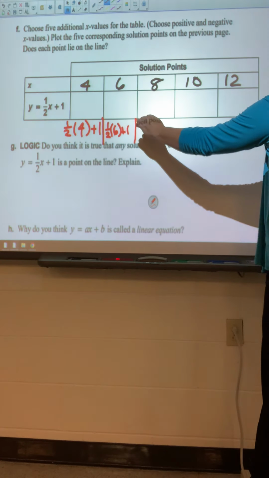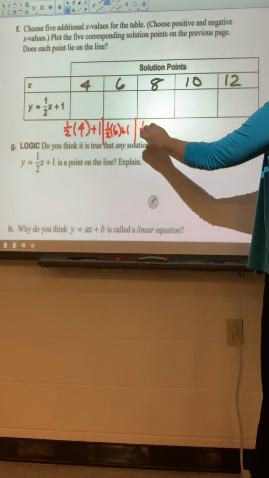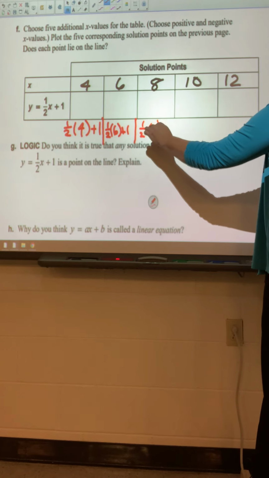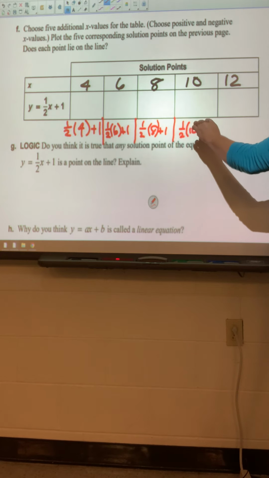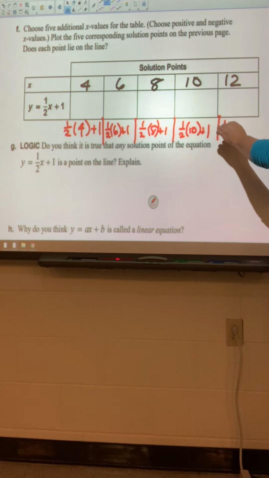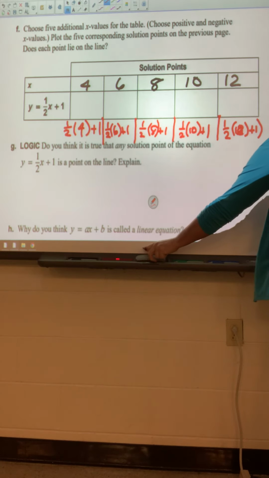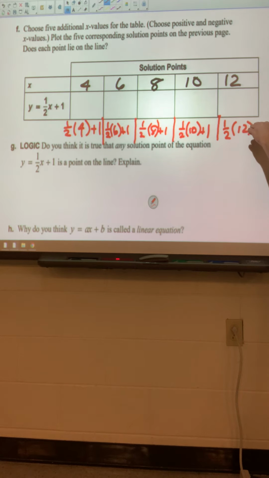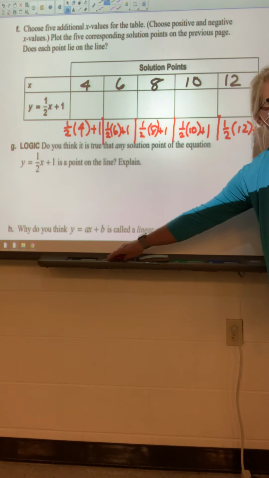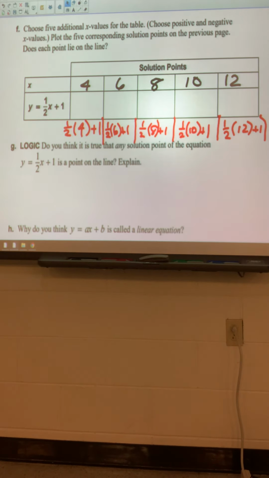You fill in the chart here. So you're finding the solutions.